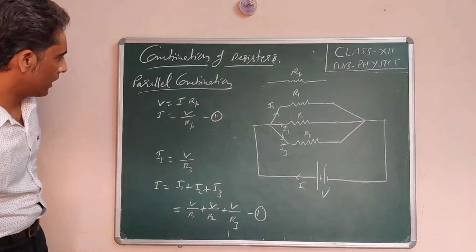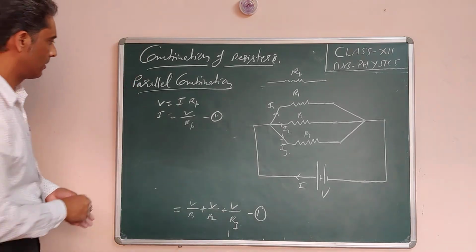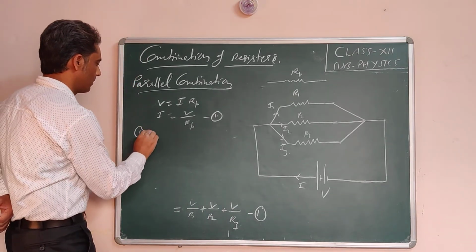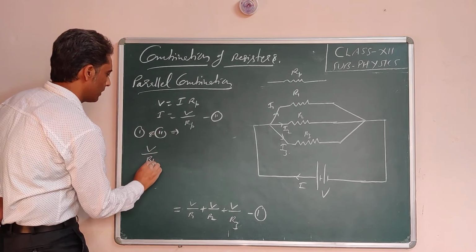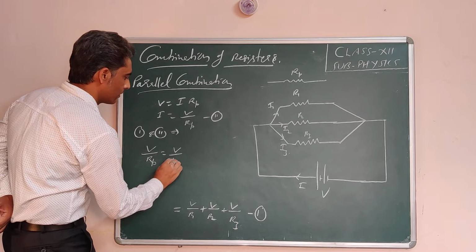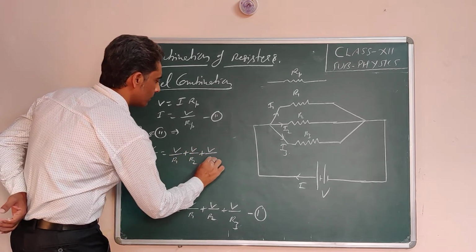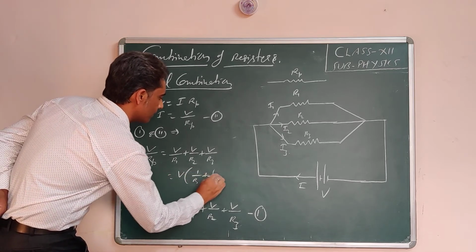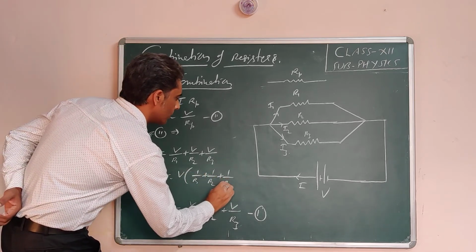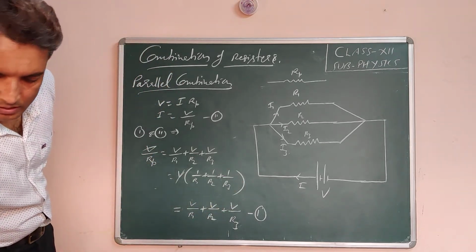So again equation 1 and 2 implies V over Rp is equal to V over R1 plus V over R2 plus V over R3, or you can take V common, 1 over R1 plus 1 over R2 plus 1 over R3. V and V will get cancelled.